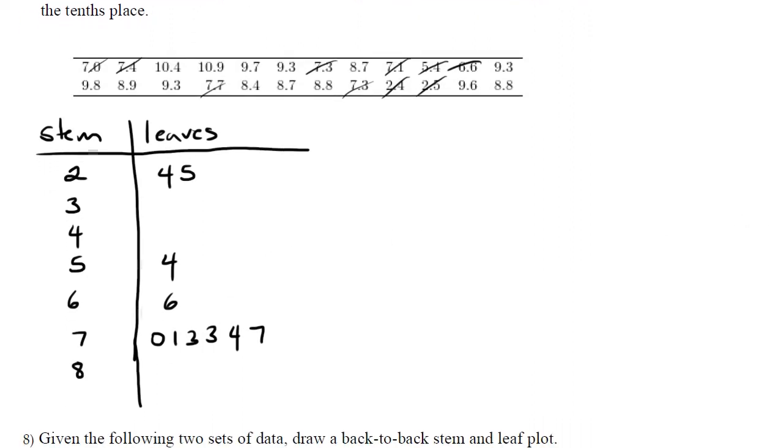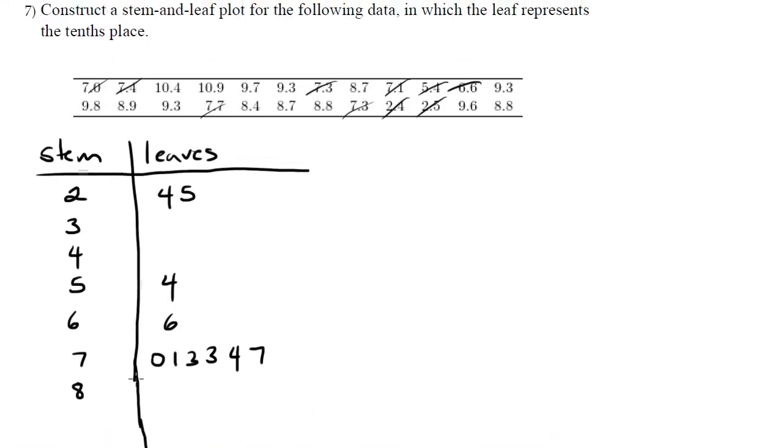Let me scroll down a little bit, so a little bit more room. You can see the next problem peeking in there. Let me hide that. 8. Let's see. 8.4. 8.7. I think I have 2 of those. 8.8.